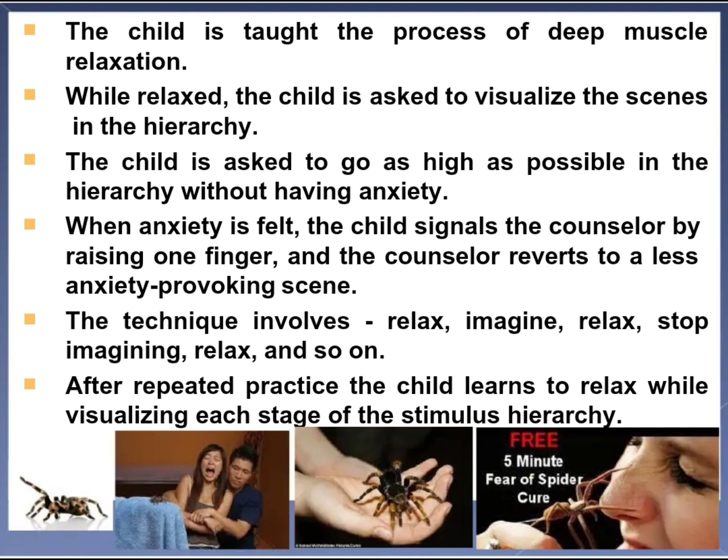When anxiety is felt, the child signals the counselor by raising one finger, and then the counselor reverts to a less anxiety-provoking scene. The technique involves relax, imagine, relax, stop imagining, relax, and so on. After repeated practice, the child learns to relax while visualizing each stage of the stimulus hierarchy.